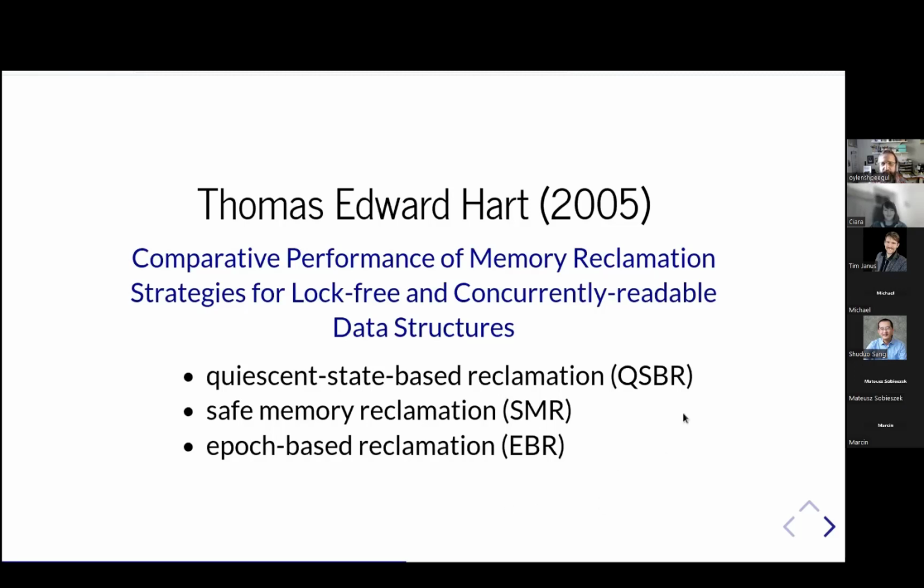But it's interesting. The QSBR is normally associated with RCU type stuff, and these other 2 are different kinds of lock-free stuff. And in this paper, he demonstrates that you could actually use this with the lock-free things, or these other 2 could be used in an RCU situation. So they're all sort of interchangeable in that sense.